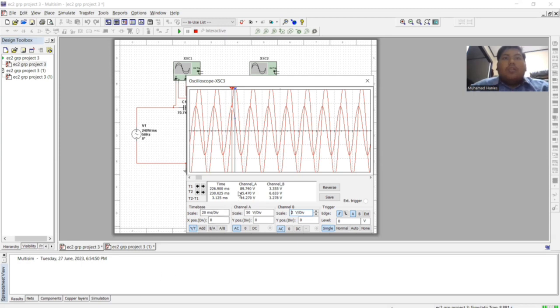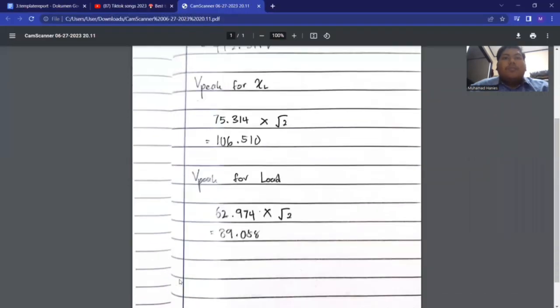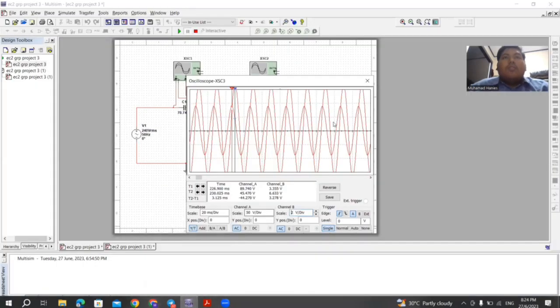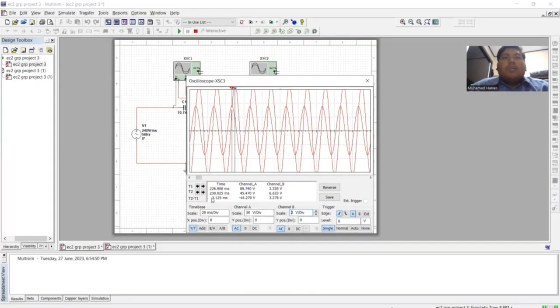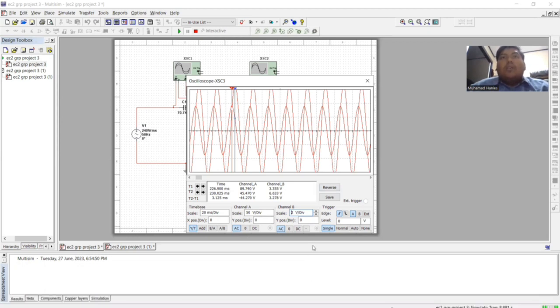So we can see the value for Vpeak on a simulation will be quite similar to our manual calculation. And for load, the time delay will be 3.125 millisecond. So that's all from me. Thank you.